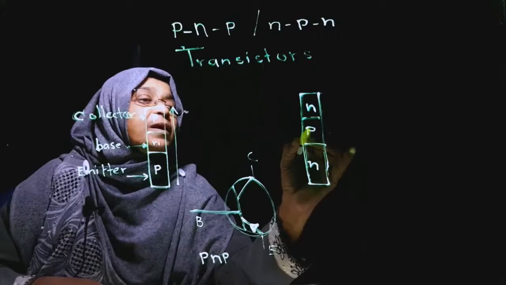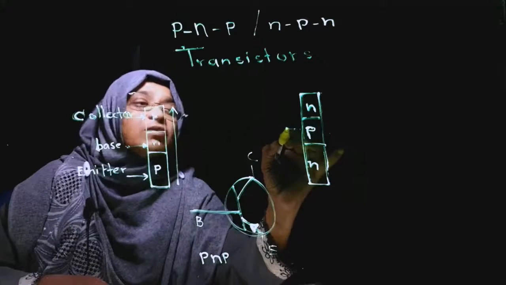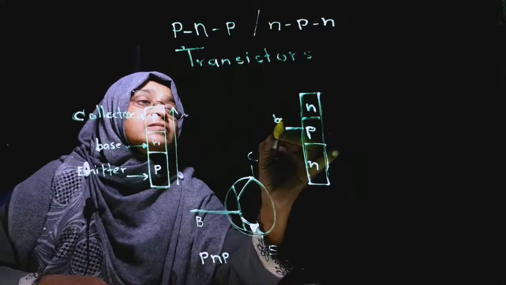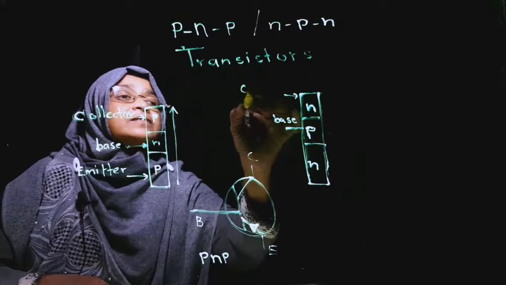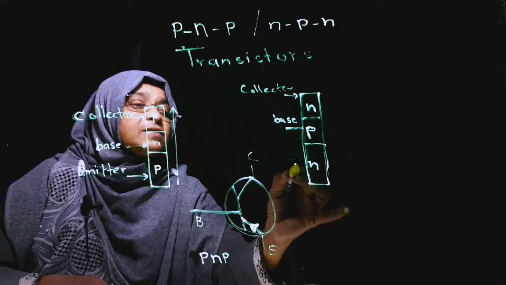The middle part is doped as P type. Here also the middle part is the base. This part is the collector. This part is the emitter.